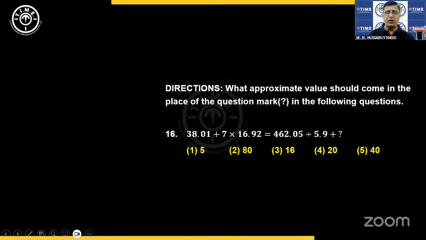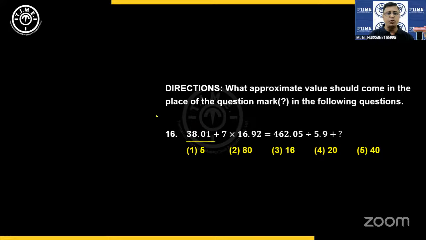What approximate value should come in place of question mark in the following questions? Approximate values to be found. Approximate means the nearest values, closest, which are easy to simplify. Integers we need to consider.